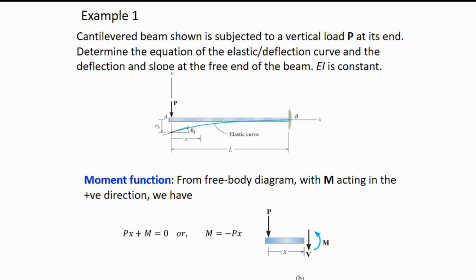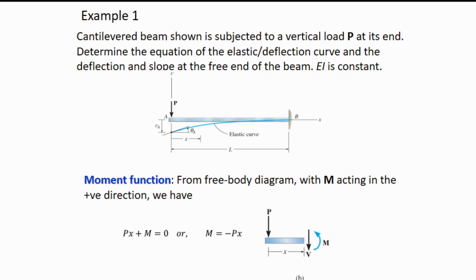To calculate this maximum deflection, we have to calculate the equation of the elastic curve. To get the equation of the elastic curve, we have to find one moment expression at any distance x. To find the moment expression at any distance x, we have to cut the beam at any distance x.